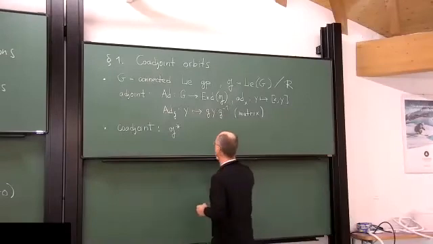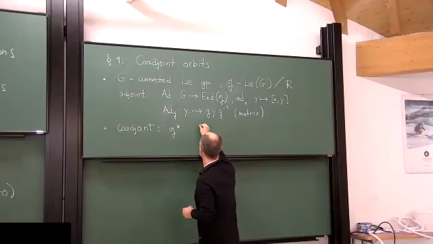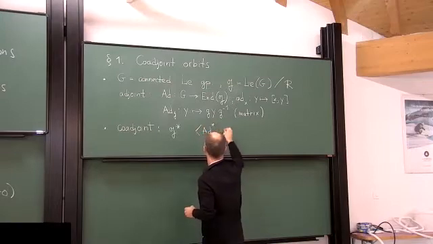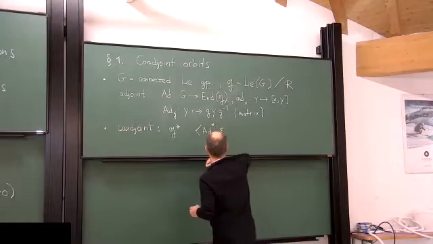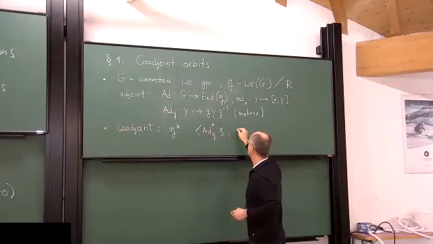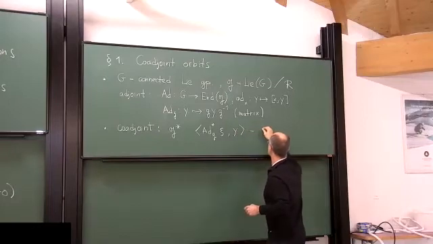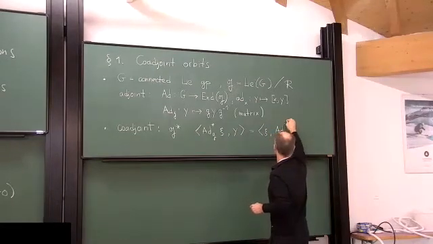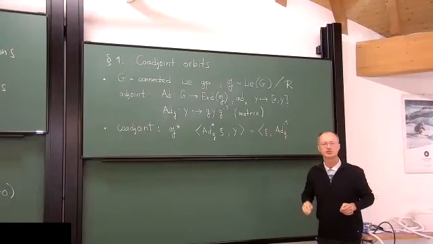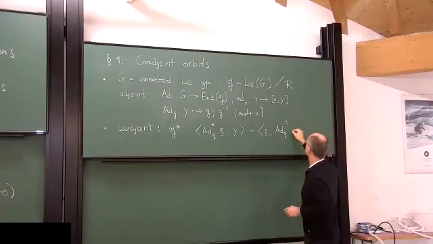So the coadjoint action is defined in the following way. The coadjoint action of the element g on the element psi of the dual space, paired with Y, is equal to, by biduality, psi paired with Ad of g inverse applied to Y. And here, to have the representation property, we should add the inverse.